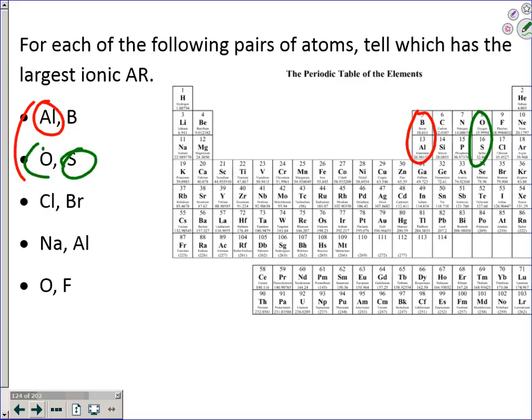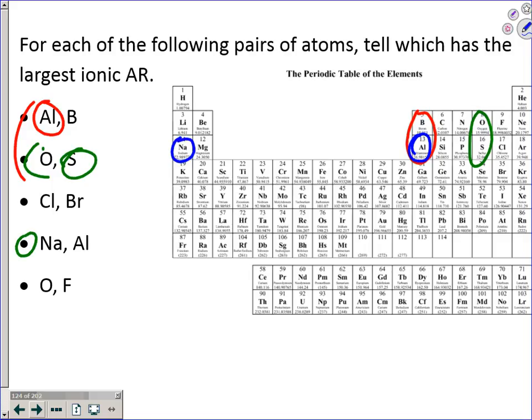Everybody together now. This one, sodium and aluminum. Take a second. Can I get a consensus? 3, 2, 1? Okay, and I'll help you out with the explanation for this one. Here's aluminum, here's sodium.